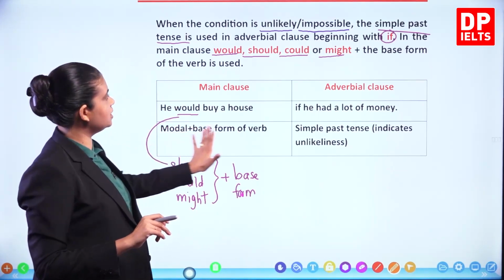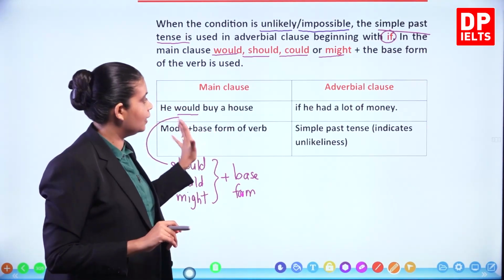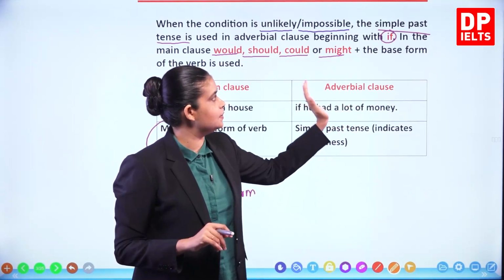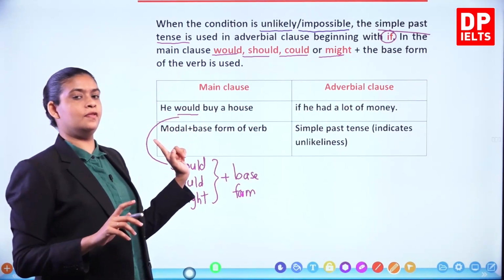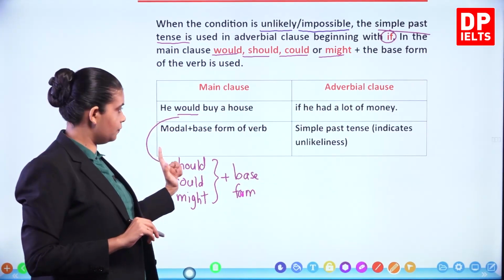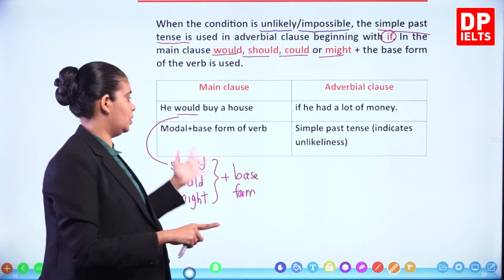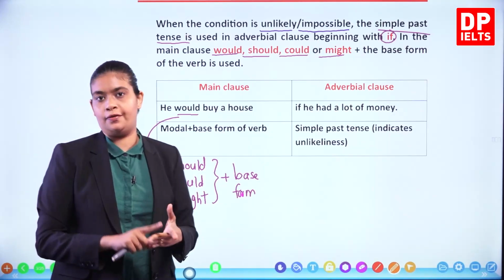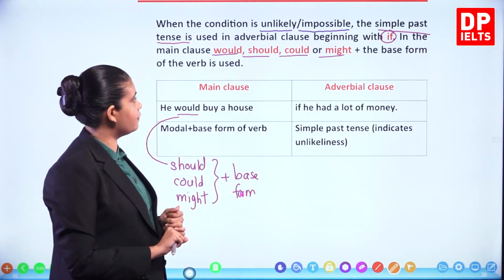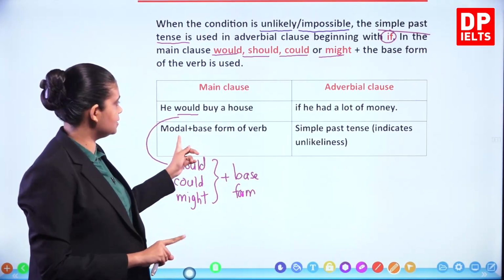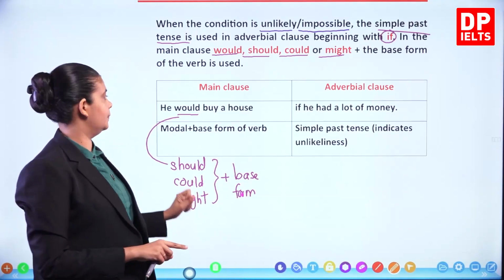So now if it is unlikely to happen, then you have the simple past tense if the adverbial clause is beginning with if. In the main clause, you could have would, should, could, and might plus the base form of the verb.